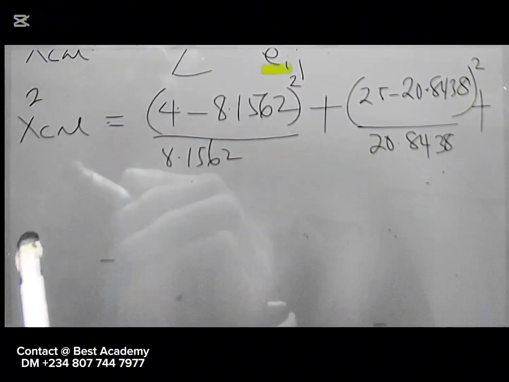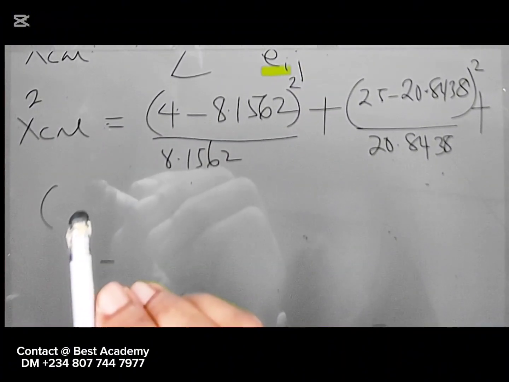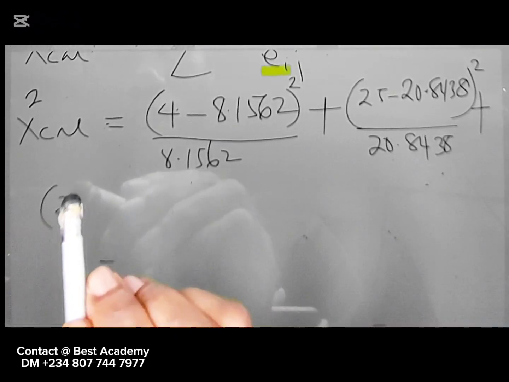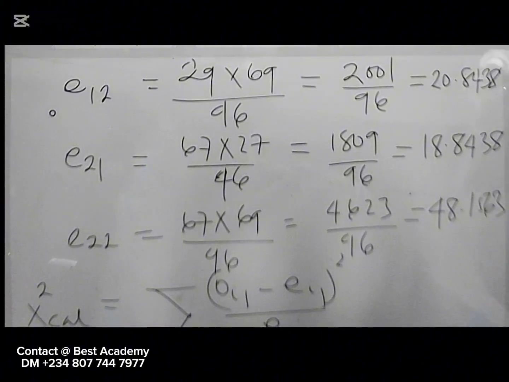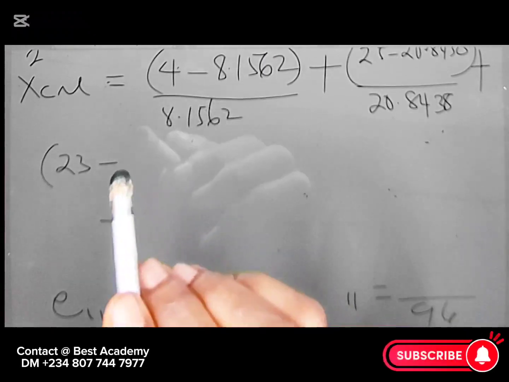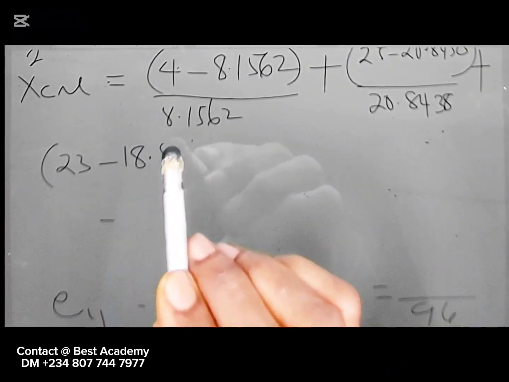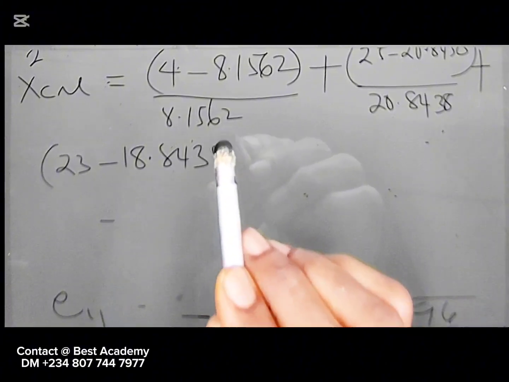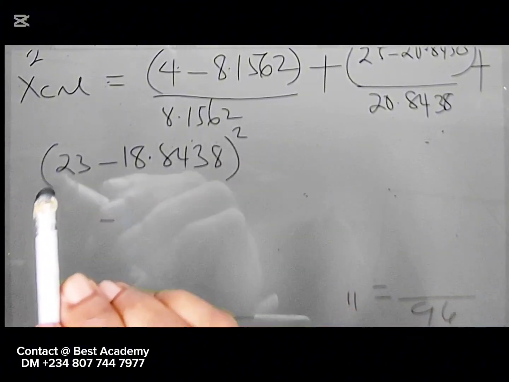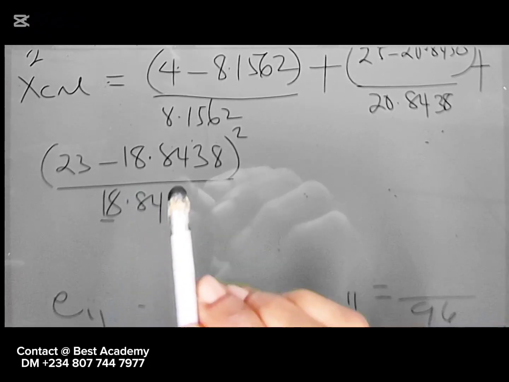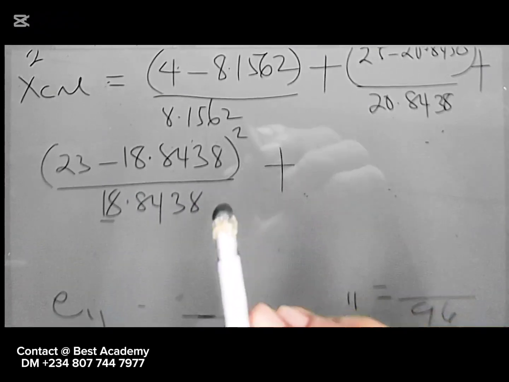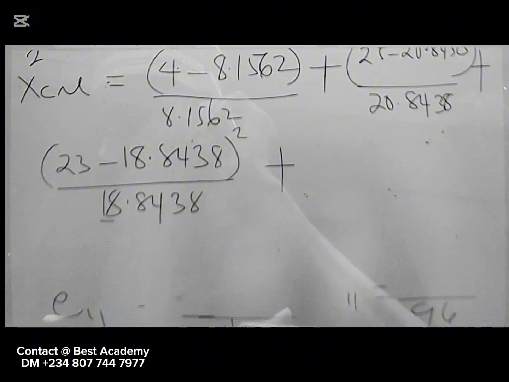So that means this is 23 minus the expected frequency there, which is E of 21, and it's 18.8438. You square it, divide, please don't forget, by 18.8438.